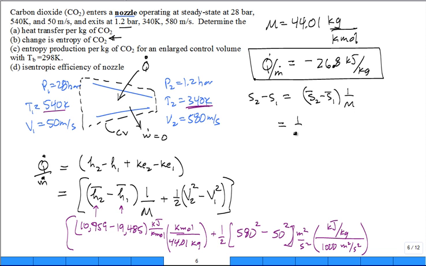Or 1 over the molar mass times S2 bar naught minus S1 bar naught minus R bar natural log of P2 over P1. All of those work, right? Yeah, they work. It's just that I had this only on a molar basis, but when I wanted to evaluate it, I have to get the temperature dependent part only and have the minus R bar natural log of P2 over P1.